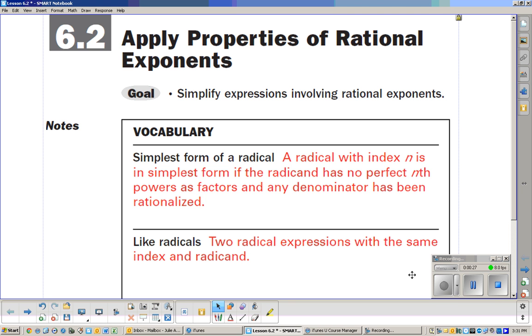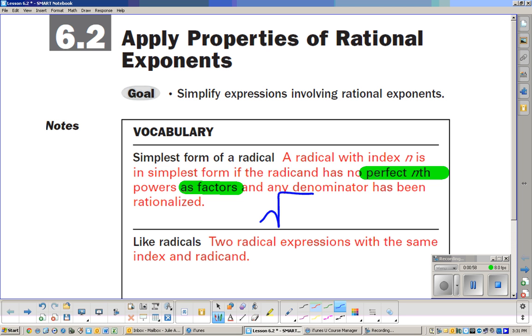It starts with the simplest form of a radical. There's a lot of words here, but all you really need to get down in your notes is that when you have a radical in simplest form, there is no perfect nth term as a factor. So none of the perfect squares or perfect cubes or perfect fourths on your cheat sheet would be able to go into the number under the radical sign.